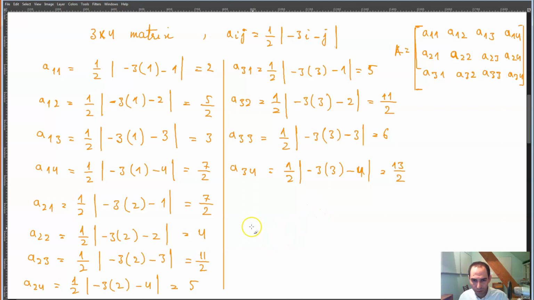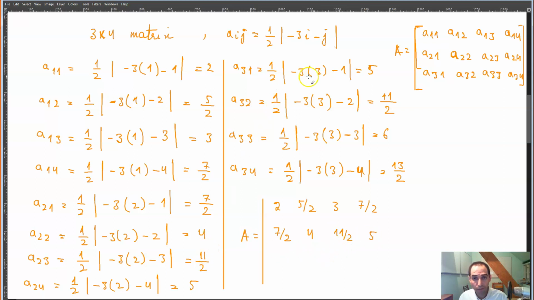And so your matrix becomes 1, 2, 1, 3, 1, 4, so you can write them in order as rows. So 2, 5 halves, 3, 7 halves, and then again this is the second row, so 7 halves, 4, 11 halves, and 5.